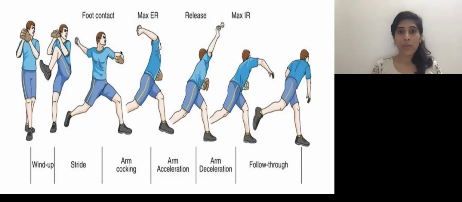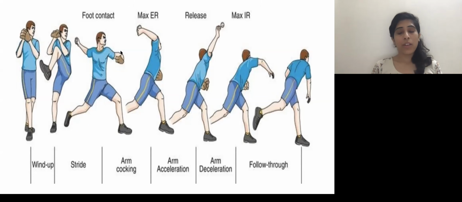Initially, the posterior quadrant muscles will work concentrically and gradually, once the maximum external rotation is completed, then the release activity will start, and during the arm acceleration and deceleration phase, internal rotation takes place, and here the anterior quadrant muscle has to work properly and generate the proper force.